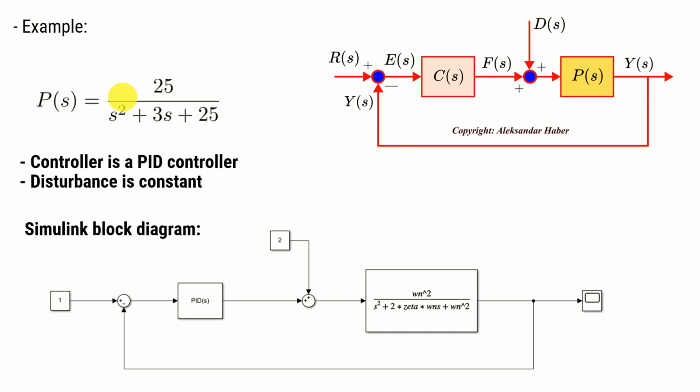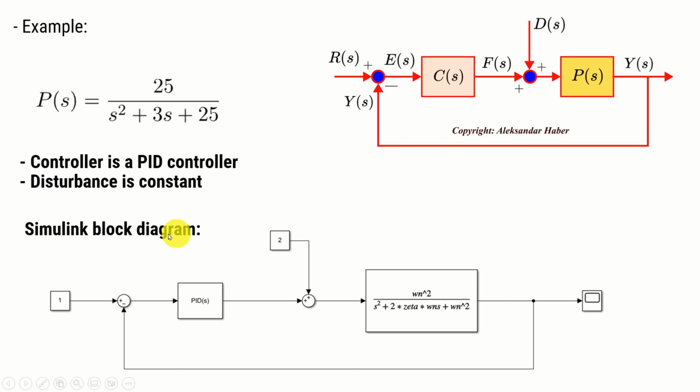Let us assume that our plant is a second-order system. This is a classical oscillator. Then let us assume that the PID controller is tuned, and for the time being assume that the disturbance is constant.